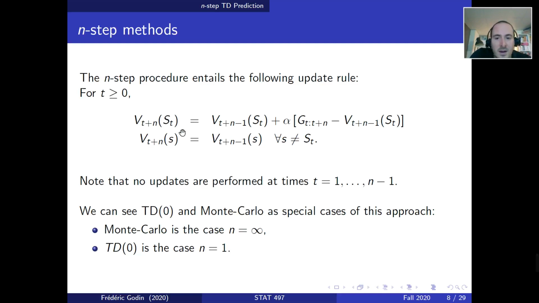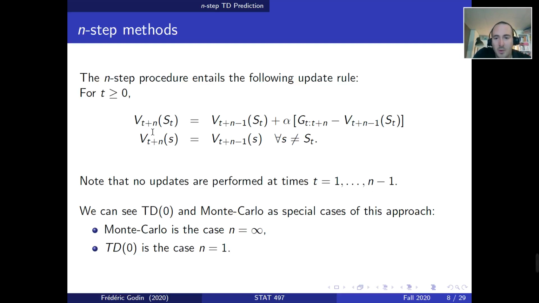So this update here for state s_t is only done at time t plus n. Okay, so this is why the index here is v_{t+n}, because this is the value function estimate right after the reward at time t plus n is observed.